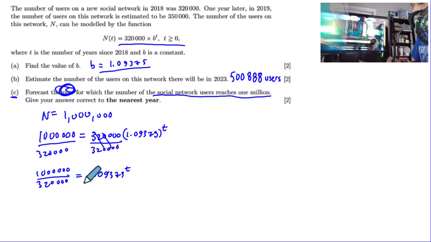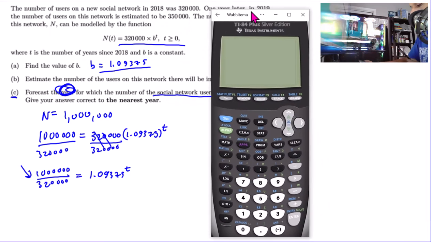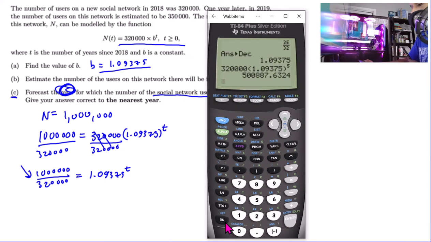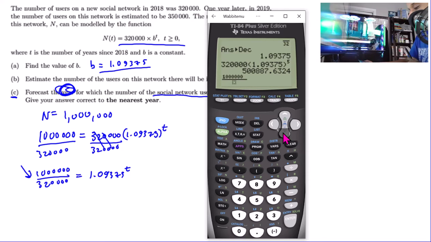All right. Now let's do this in the calculator. Okay. Now, just make it neat. Put it in fraction form. There you go. So 1 million on top, 1, 2, 3 over 320,000 1, 2, 3.